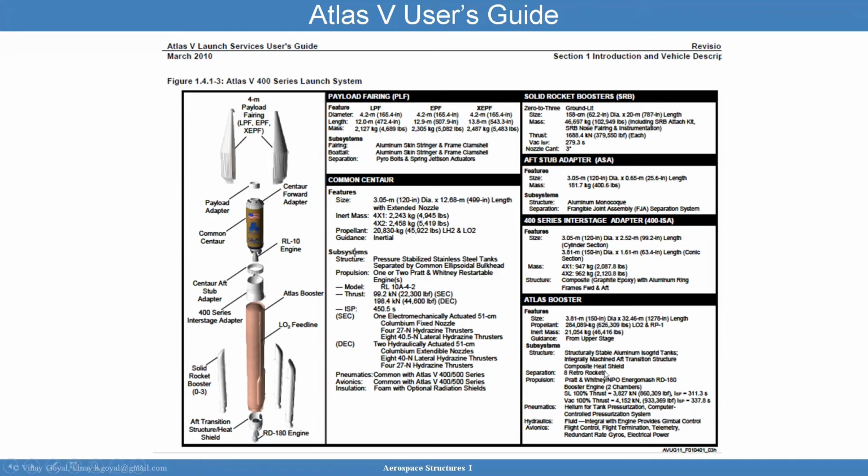The Atlas booster, here you can see again, the RD-180 has an ISP of 311 and in vacuum 337. You typically see these values given in vacuum and non-vacuum conditions. The common center, you can see the ISP is 450, which is quite efficient for an engine compared to these other two that you saw.